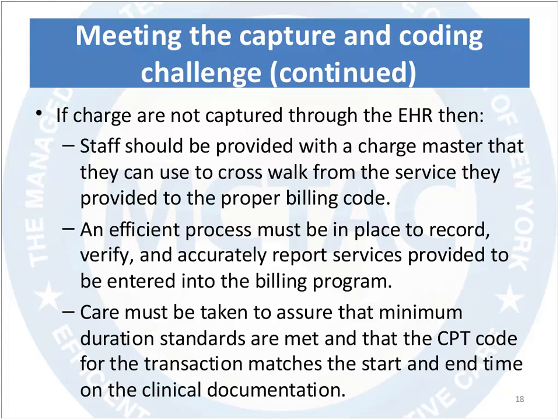It's used by your billing algorithm to determine which is the proper CPT code. When you're off system, this is an area that becomes very important: assuring that the CPT code that gets billed is consistent with the timestamp within the progress note. This is certainly an area that's looked at on subsequent audit of billing.